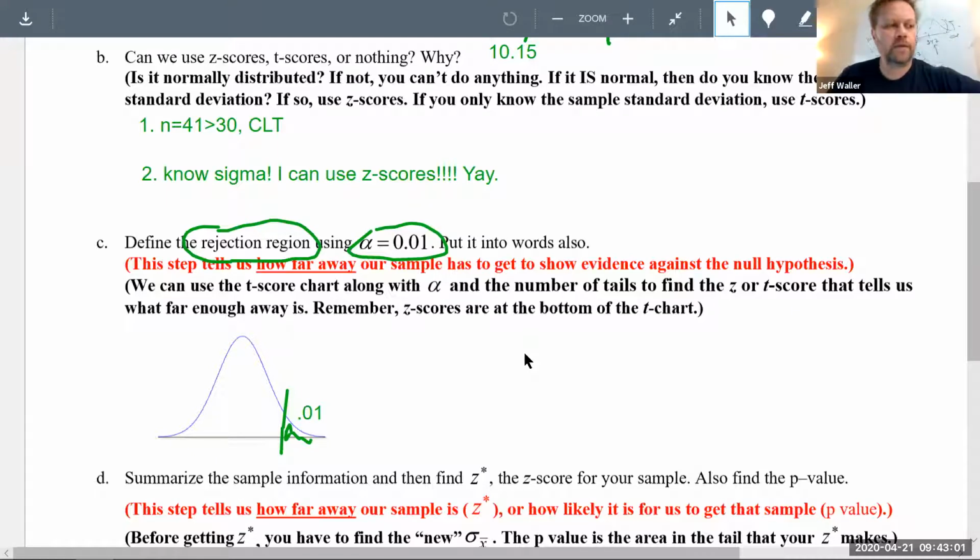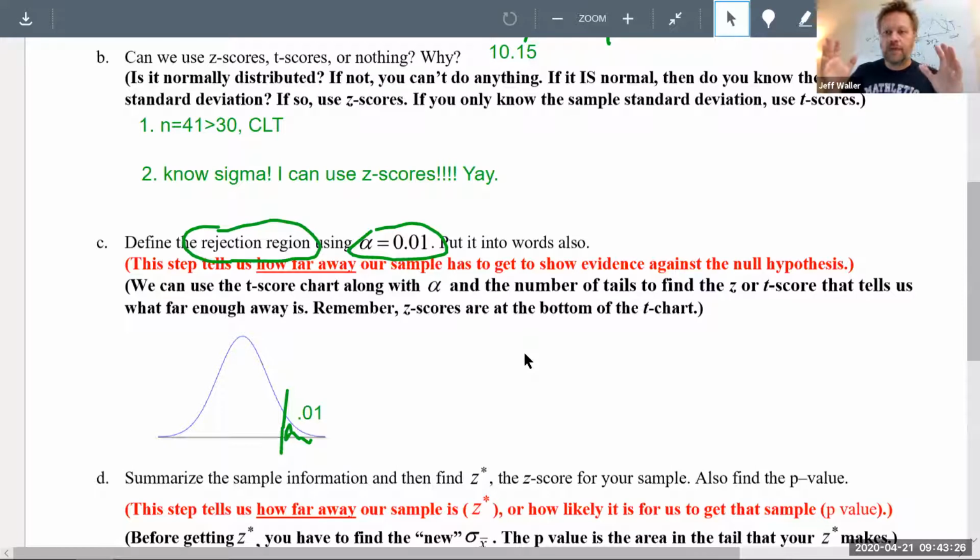Now, let me tell you. What did we say we could use, Z or T? We said we could use Z scores, right? But I'm going to look at the T-score chart to find what I want. Did I already tell this class about the bottom of the T-score chart? If you look at the bottom of the T-score chart, you see Z-scores, which only makes sense.